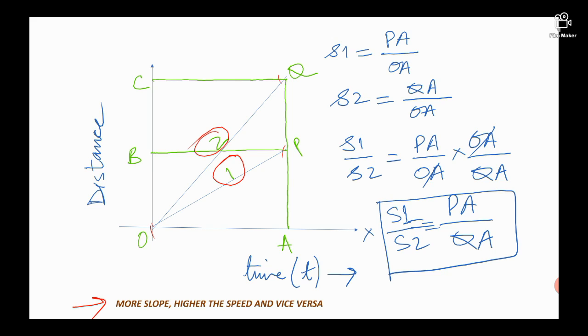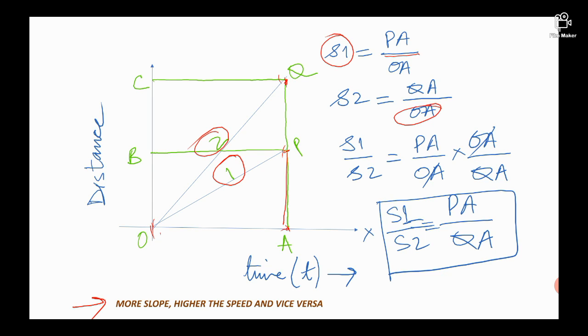We calculate the speed of object 1 as S1 by finding the slope as PA divided by OA. For object 2, we find the slope by dividing the rise QA by the run OA.